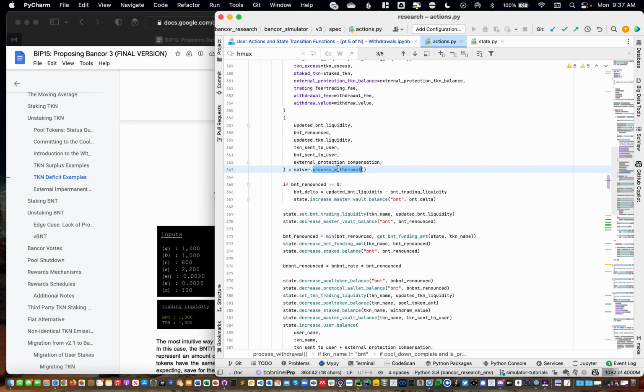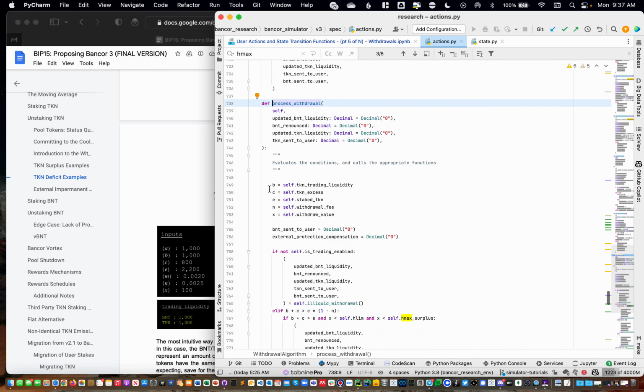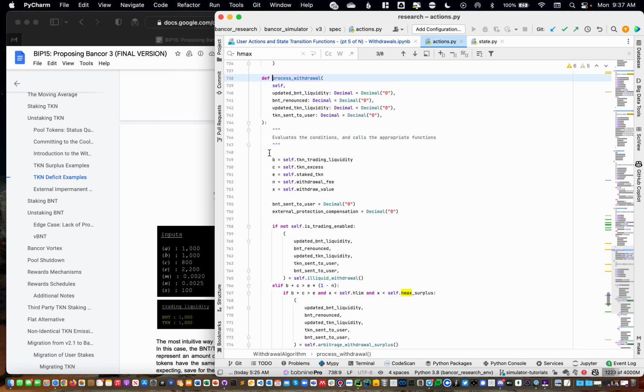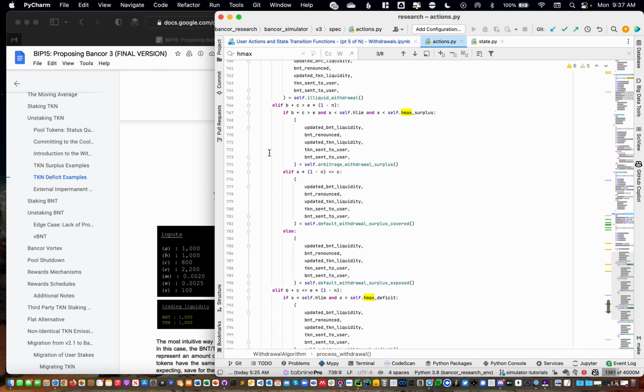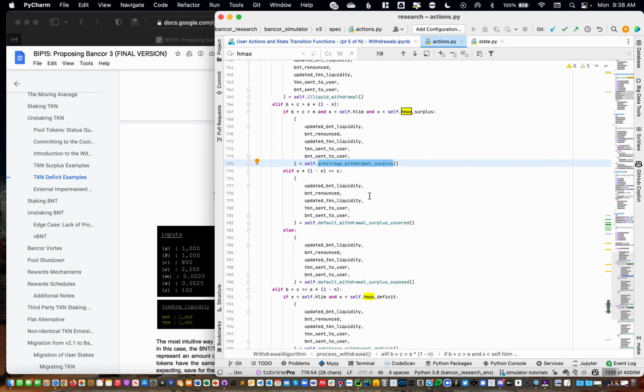And one more thing: if we go to process withdrawal, the very last method in the withdrawal algorithm, we can run through these different conditions, which Mark referred to, some, or I guess all of them at this point as well. When these conditions are met, these particular methods are the logic used to complete the withdrawal.